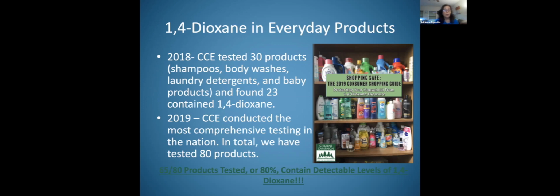So we started out in 2018, we said, okay, well, could it be that it's coming from products? Because on Long Island, we have some large sewage treatment plants, but we also have very small, what's called package plants, and they discharge into groundwater.